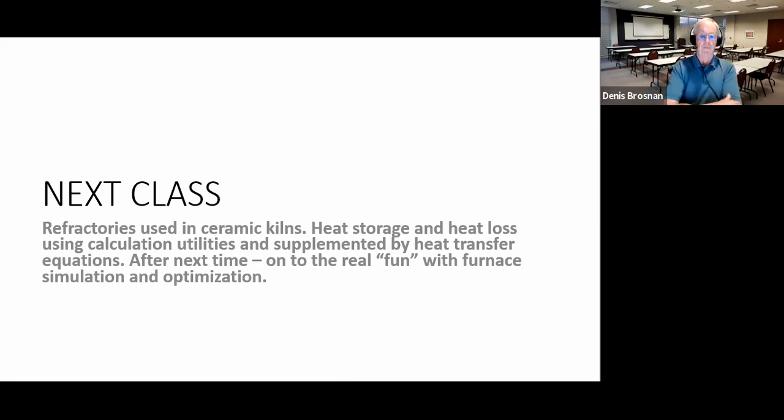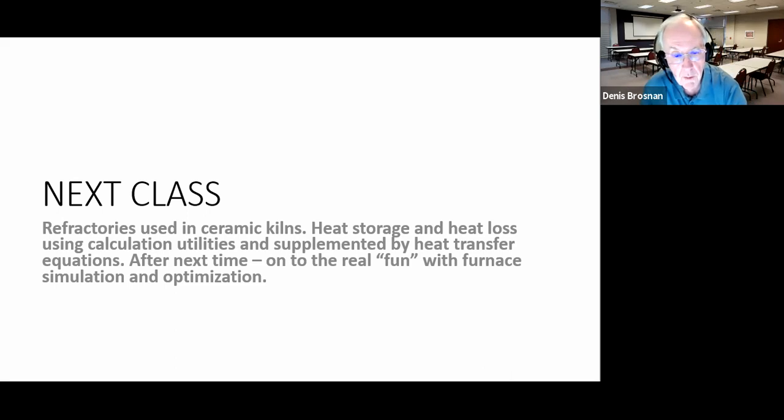Okay, so next we're going to consider the kiln itself, and the kiln is a refractory lined structure. So the refractory is there to contain the heat and create insulation so that you have the least possible heat loss through the walls of the furnace, the kiln. We're going to talk about different types of refractories in the more modern kilns that we use today.